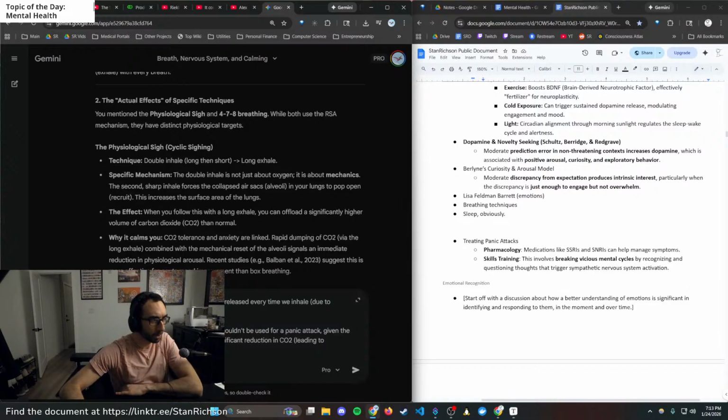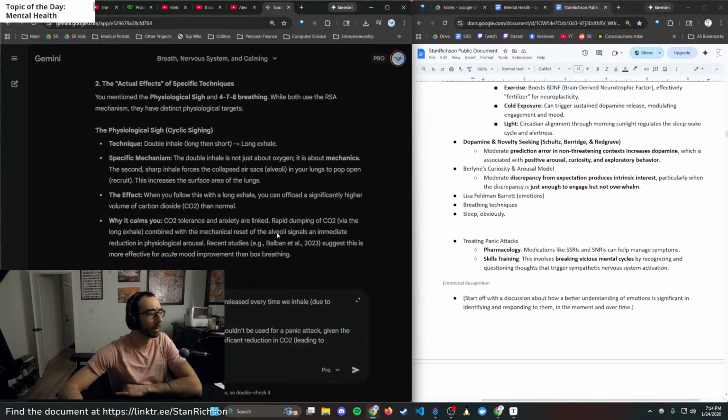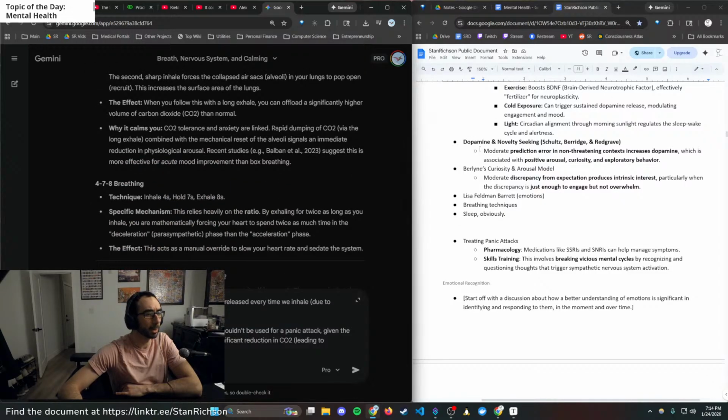So I'm trying to connect those two things because we have two contradictory things right now. The physiological sigh is helpful because it gets rid of this dopamine, not dopamine, CO2. And then in a panic attack, when you're hyperventilating, you need the CO2. So this is, unless that's not what Dr. K was actually saying.